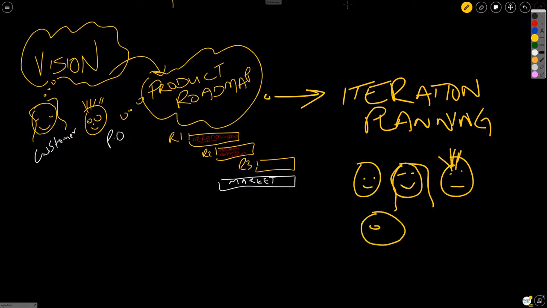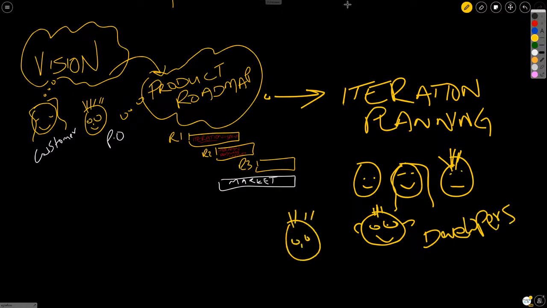It's the product owner, the Scrum master, and the team. So the key actors that are needed here, though, are the developers, for sure. And of course, your product owner is going to be there as well. Don't forget the product owner. The product owner brings clarity. Now, we call it iteration planning in the Agile Practice Guide. But if you're in the world of Scrum, we'll just call this sprint planning.